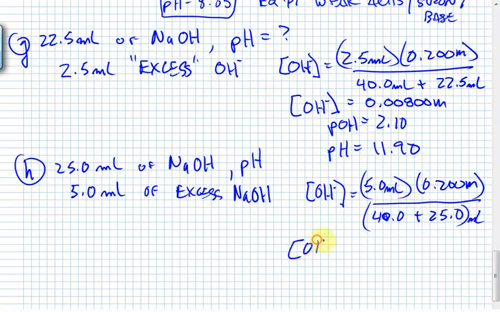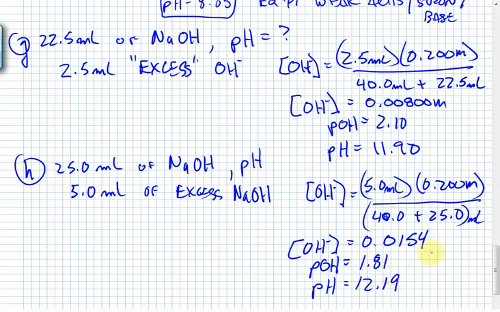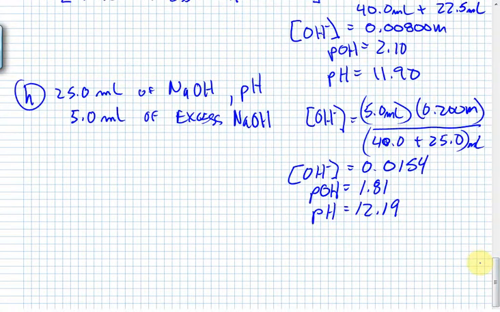The excess hydroxide ion concentration in the solution is equal to 0.0154. The pOH is equal to 1.81, and the pH is a whopping 12.19. Okay? So, titration curves.